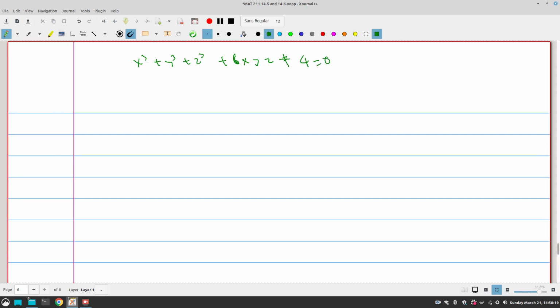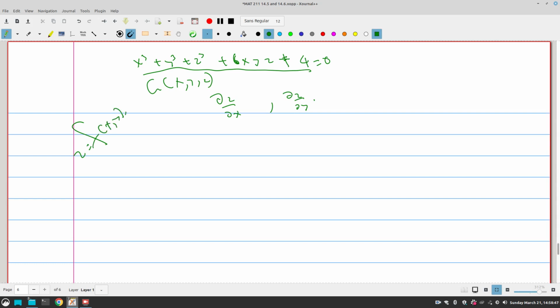I want to find partial z over partial x and partial z over partial y. I could take this to be my g(x, y, z). In this case, z is implicitly a function of x and y.